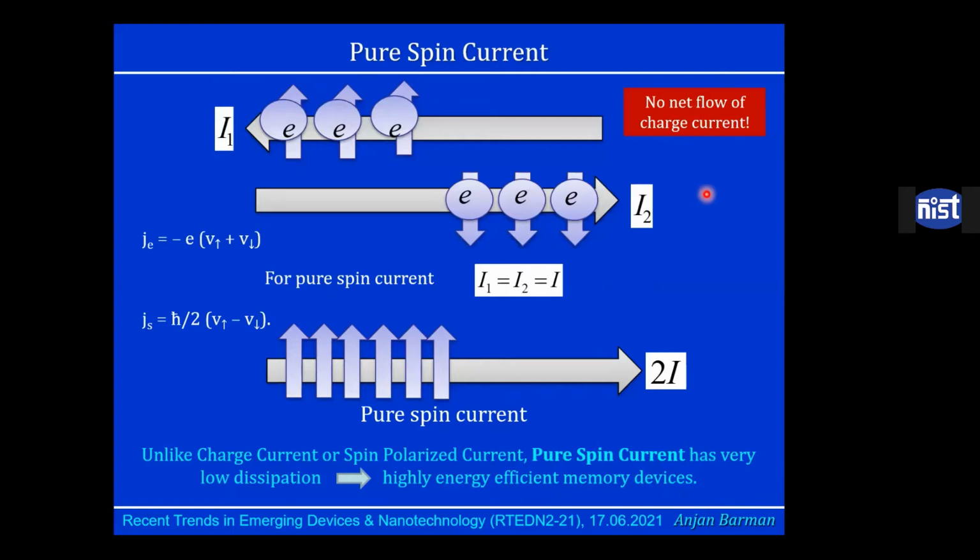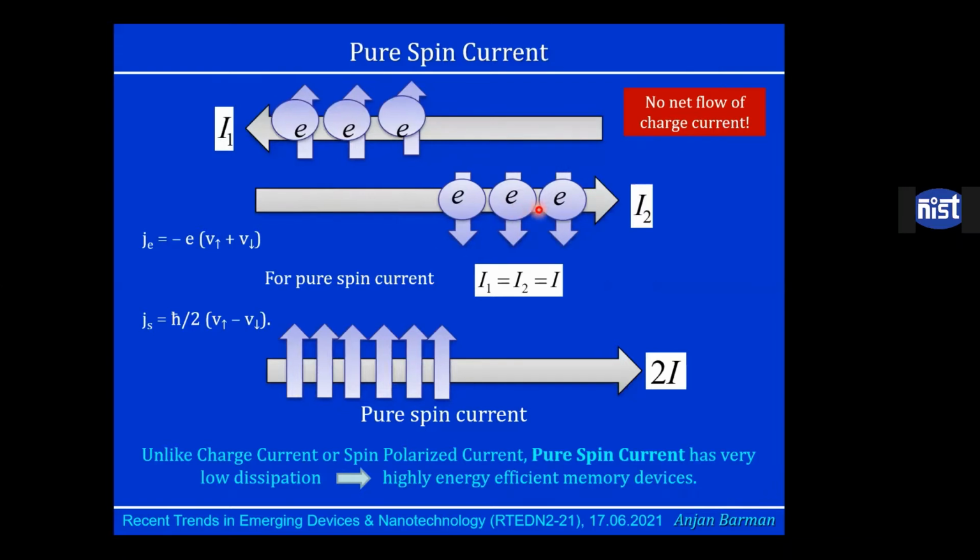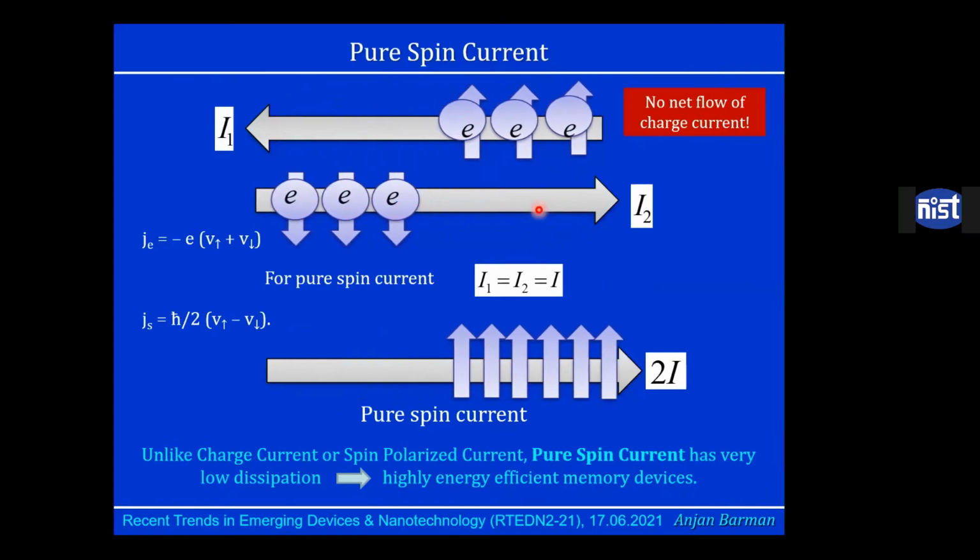So what is pure spin current? You can see that here you have two different channels in a ferromagnet, having up spin and down spin, and they are flowing in opposite directions. The charge current J_e is given by minus e (v_up plus v_down), and because they are flowing in opposite directions, the vector sum of those will cancel out.